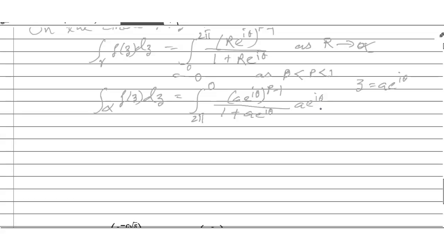So friends, for small alpha, a tends to 0, so a to the power p tends to 0, so this value is 0.